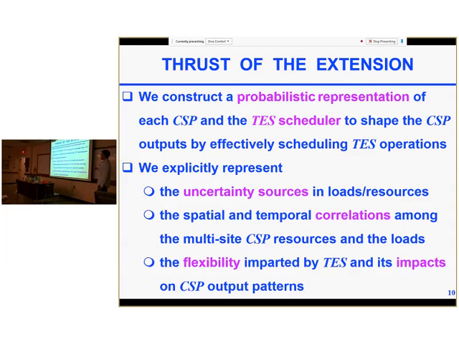Such an extension needs to consider the uncertainty of the loads and the resource, the correlations among the resources and the loads, and the flexibility of the thermal energy storage, because we can use the storage to shape the CSP output as we want.